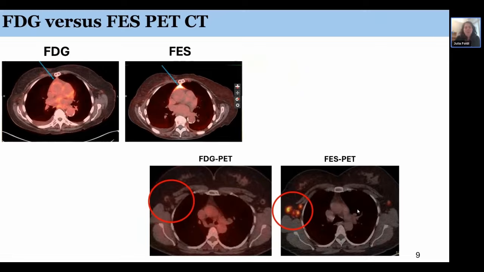This is a mediastinal lymph node that is not shown on the FDG PET, but clearly lights up on the FES PET. And on the bottom example, looking at the lymph nodes under the arm, you can see that there is a group of lymph nodes which shows up on the FES PET, but not on the FDG PET scan.